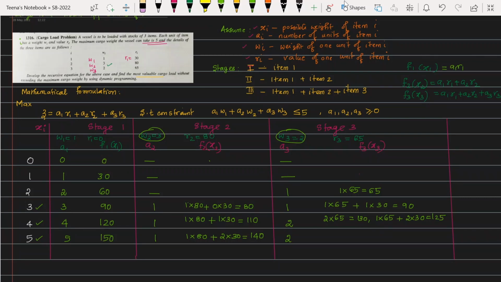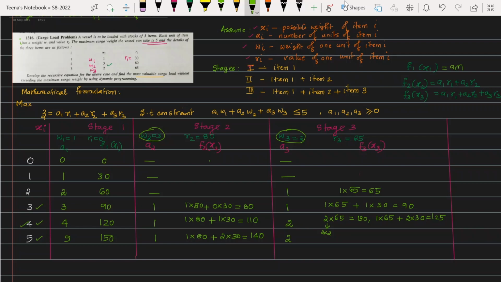Okay, I hope you understand this. See, we need a total cargo weight to be 4 units, and therefore here we consider two possibilities. Either 2 units of item 3 can be considered, which makes up a total weight of 2 into 2 equal to 4. So that 4 gets completely satisfied by taking 2 units of item 3.